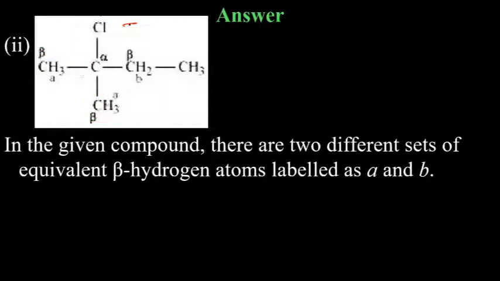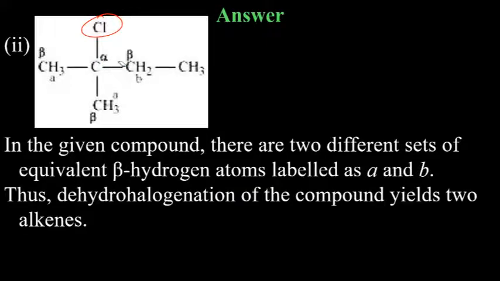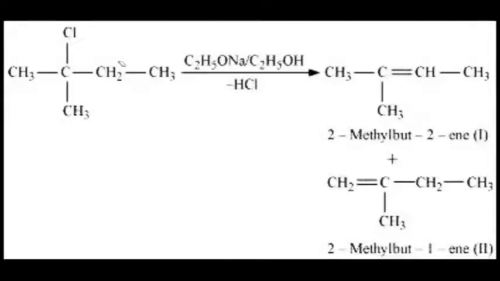The other possibility is that chlorine goes from here and hydrogen goes from this beta carbon, and the double bond is here. So there are two possibilities, either the double bond here or here, and these will be the two products. If hydrogen goes from here and chlorine from here, the double bond will be formed here.